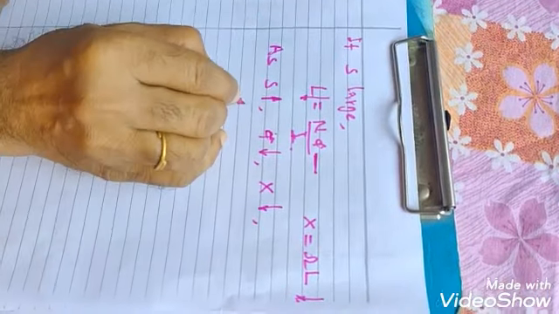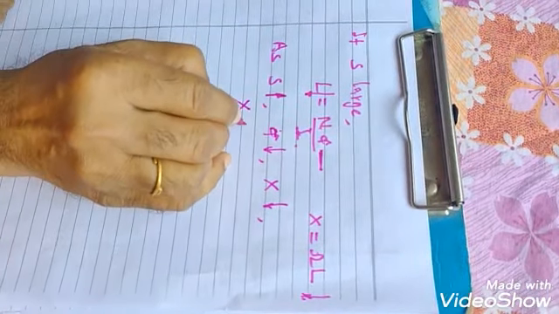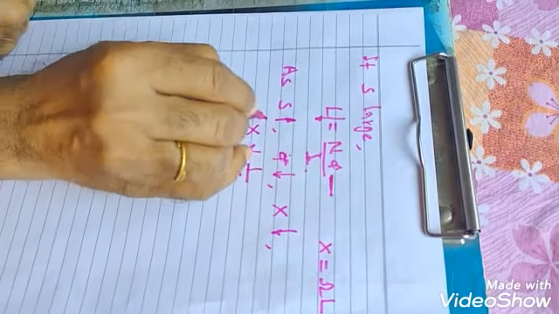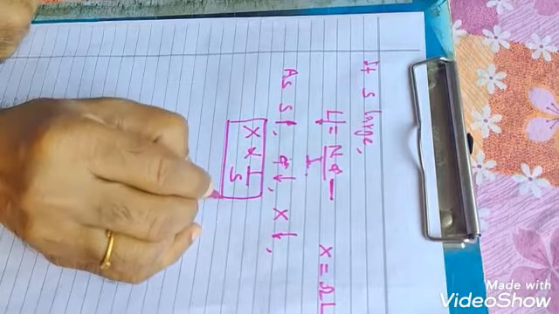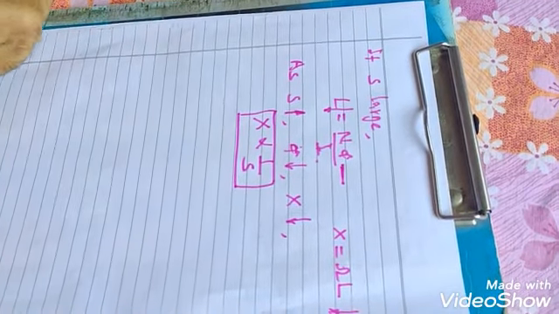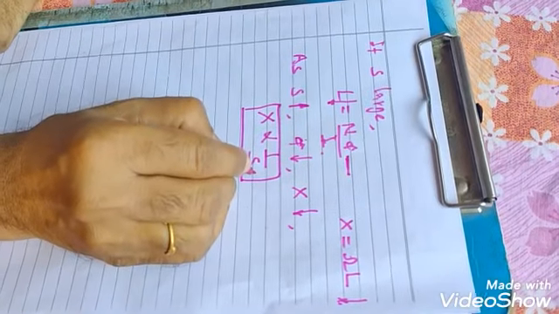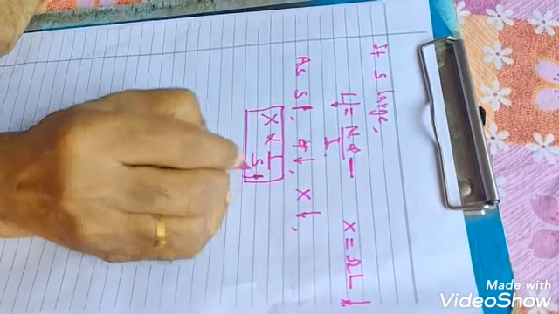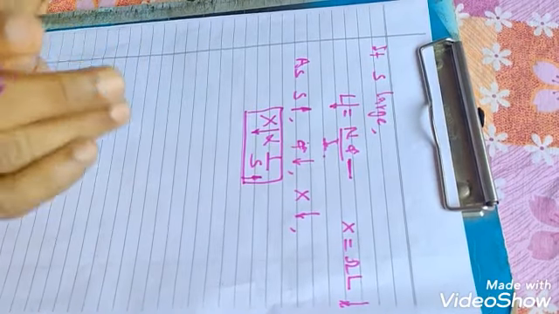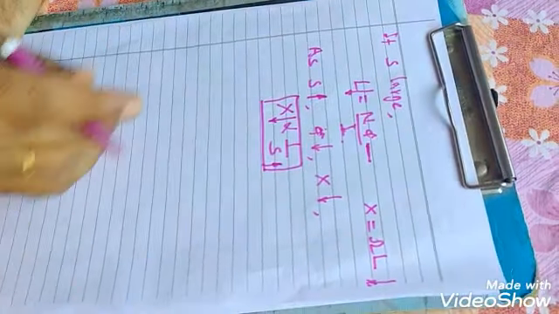Leakage reactance is inversely proportional to the number of slots. So if the number of slots is selected large, the leakage reactance of the motor decreases.